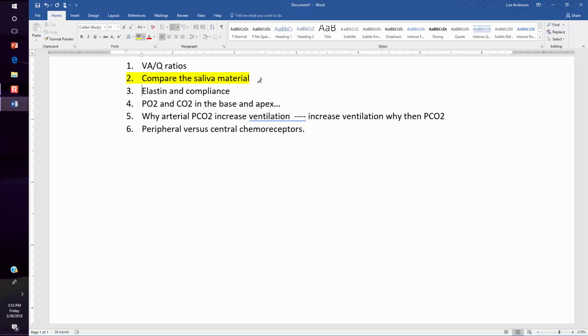Now, I can't remember this off the top of my head, but there was a slide with 4 cells on it. If you had low parasympathetic stimulation, low cholinergic, then you'd get a little bit of water secretion, and if you had medium of both, then you'd get some other kind of pathway.